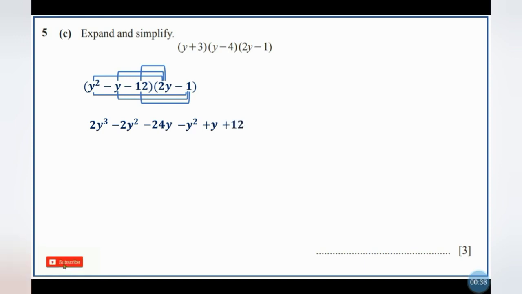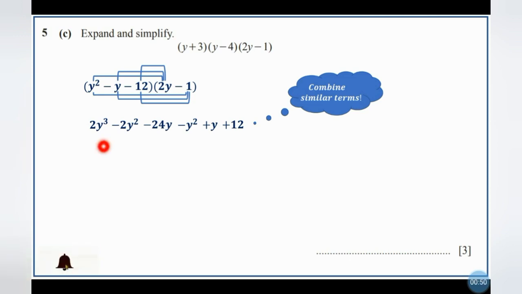Okay? Of course, because there's an instruction that we need to simplify, you need to simplify by combining similar terms. 2y cubed, bring it down because it's the only y cubed that we have here. Negative 2y squared and negative y squared are similar terms. Combine them and you will have negative 3y squared. Then I have negative 24y and y combined, negative 23y.